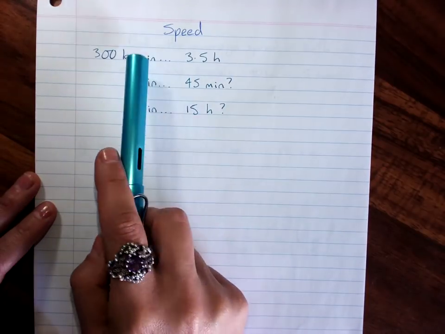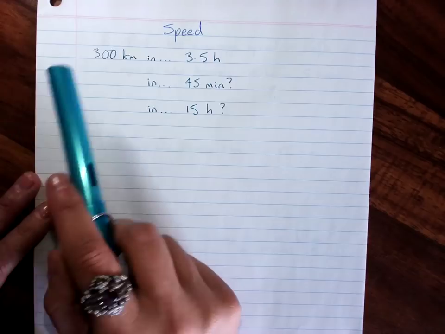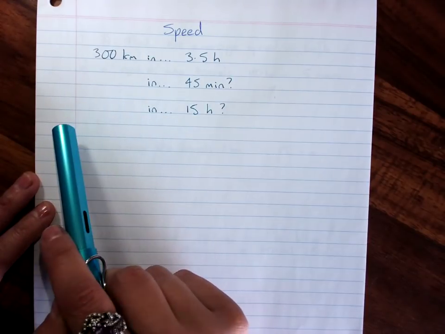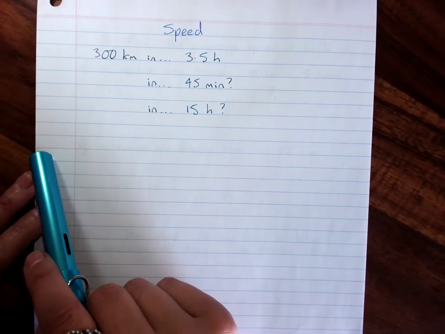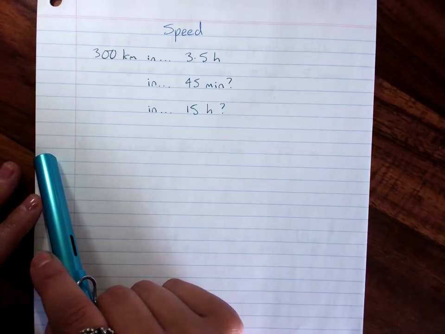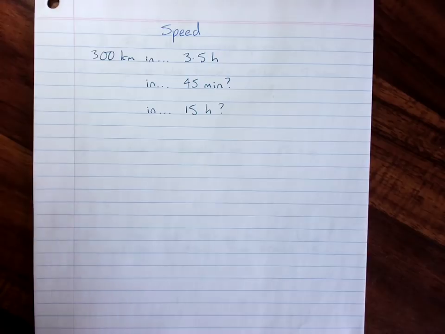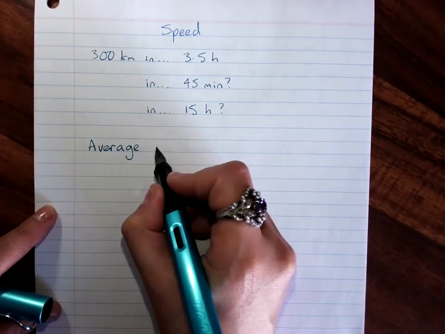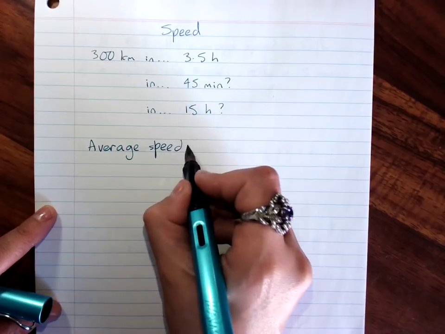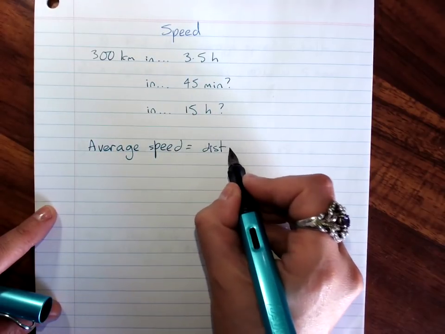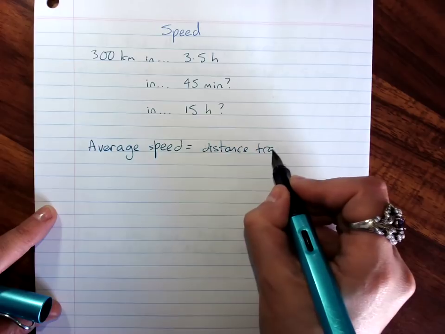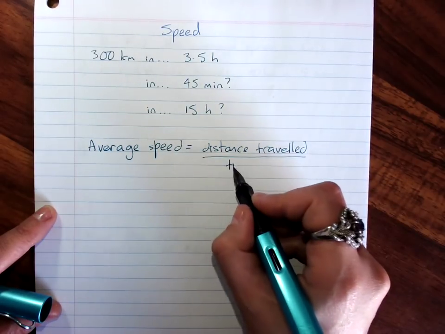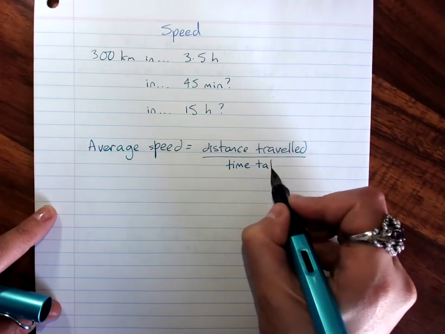Now obviously, if I'm driving to Sydney, I don't go at the same speed the whole way. I'd speed up, I'd slow down. So usually what we're finding is the average speed over our whole journey. And the formula for average speed is distance travelled divided by the time taken.